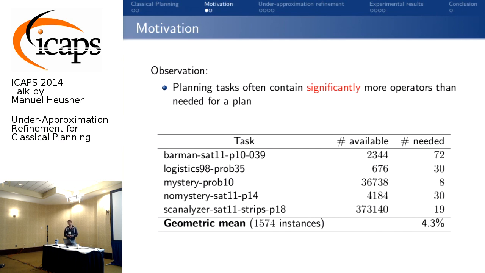These are counted operators, and the amount of operators which occur in a plan. For all instances which were solved in a run, there are 4.3% of the available operators which are needed for the plan, which is a low number.